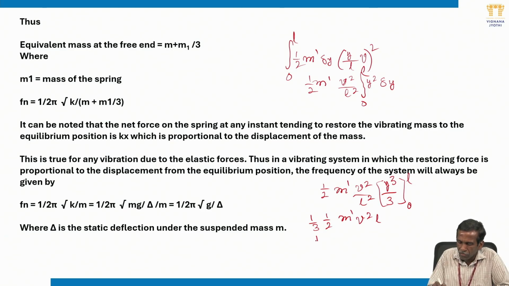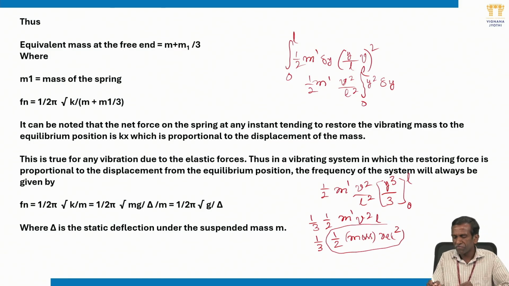So 1/3 of m dash L, which is the mass of the spring, and velocity square, velocity v at the end of the spring. This indicates half m v square is kinetic energy. If you attach some mass, suppose this is half m v square, 1/3 of that kinetic energy is the contribution of the spring.